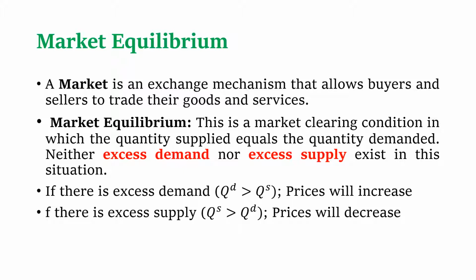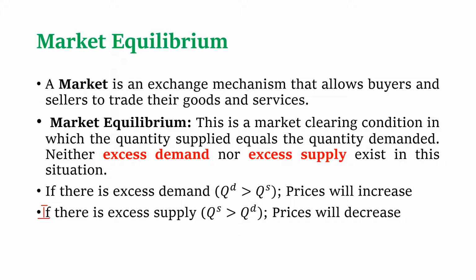There is no excess demand. When the market clears, there is no excess demand and no excess supply. But if there is excess demand in the market, what happens? The quantity demanded is more than the quantity supplied. So that means price will increase.